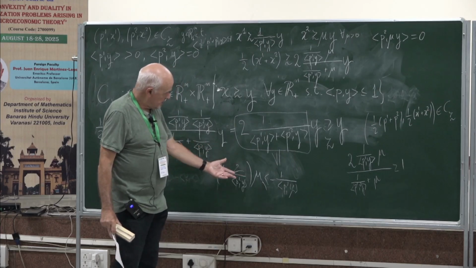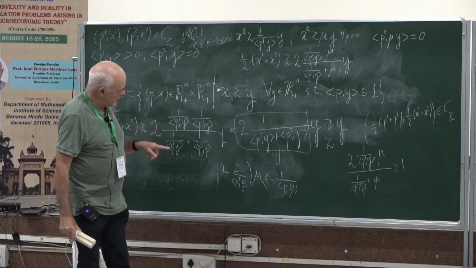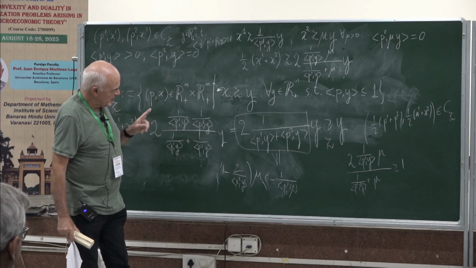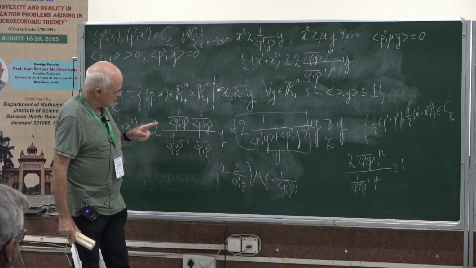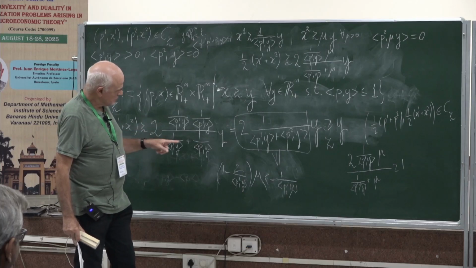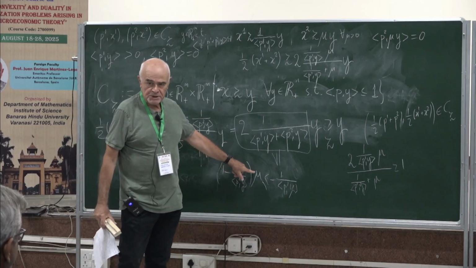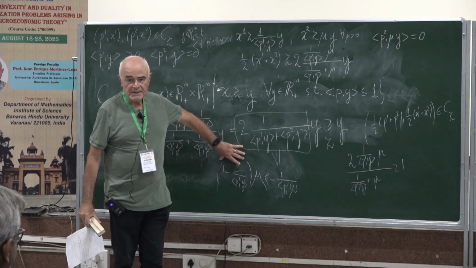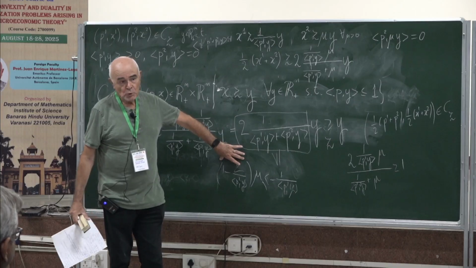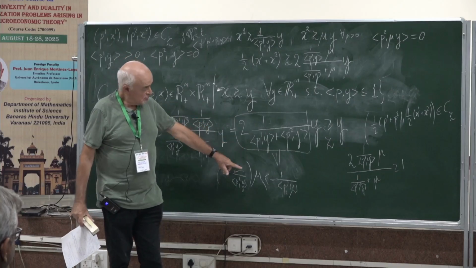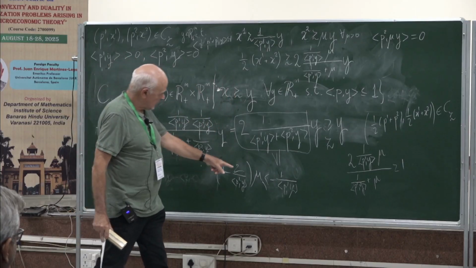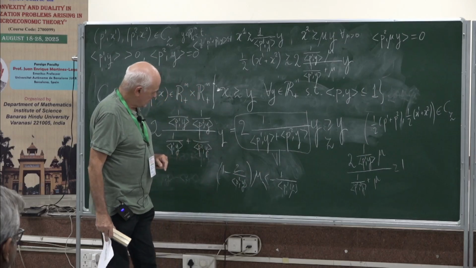But we only need this inequality with mu positive. If this coefficient is 0, which could be the case, then there is no positive mu because the right-hand side is negative.